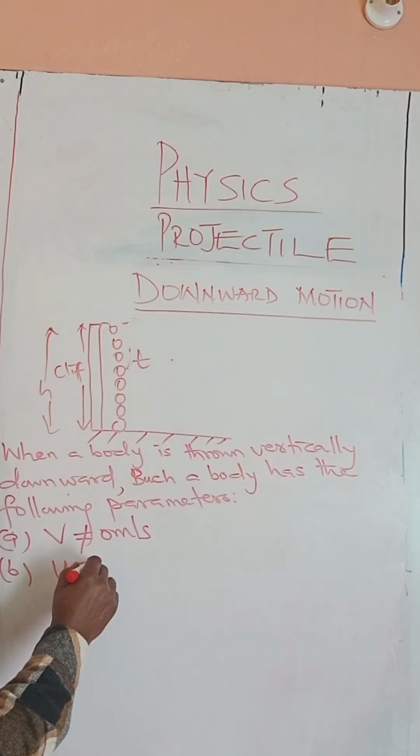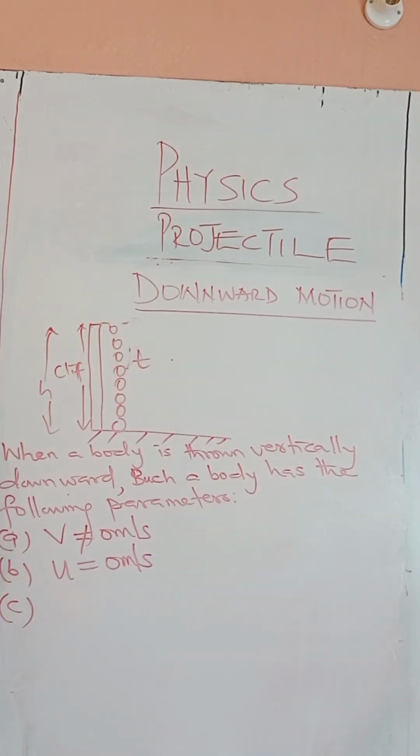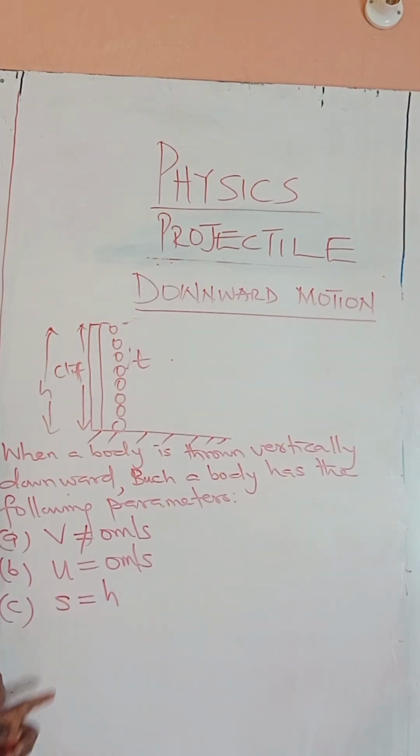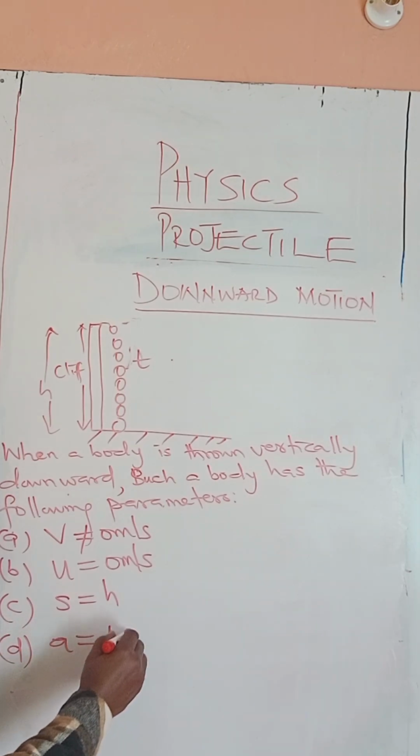B: initial velocity is equal to 0 meter per second. C: S, the distance covered, is equal to the height of projection. D: acceleration a is equal to plus g.